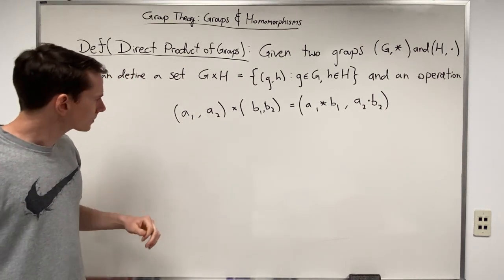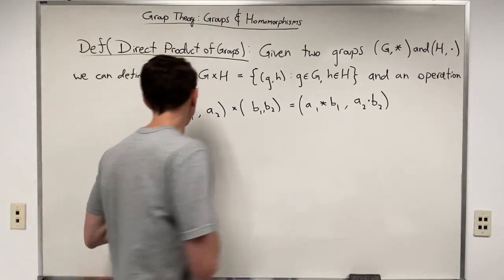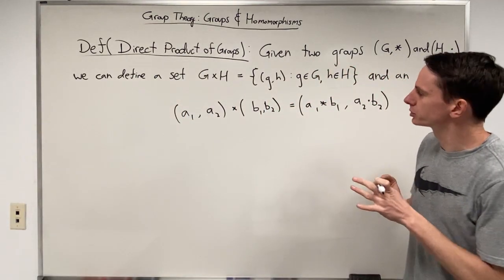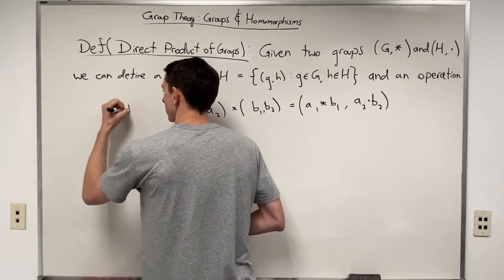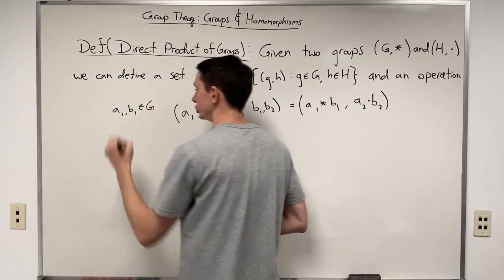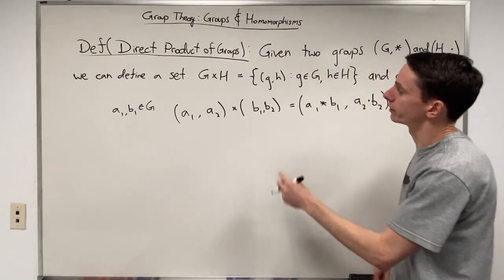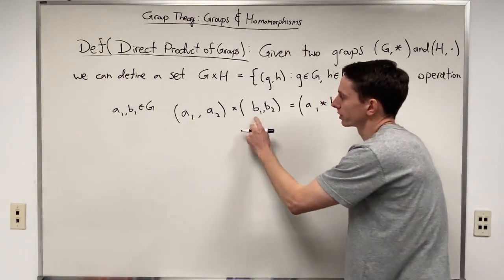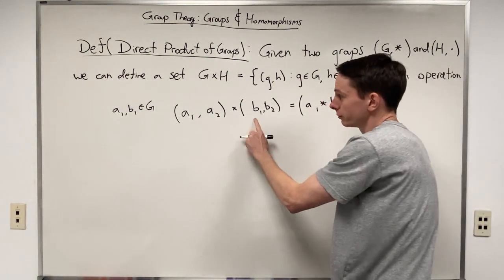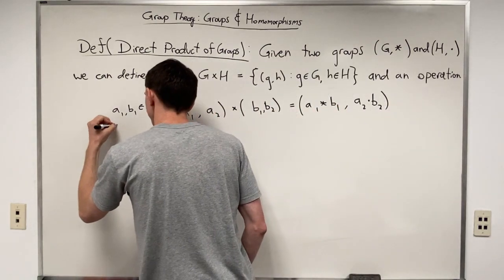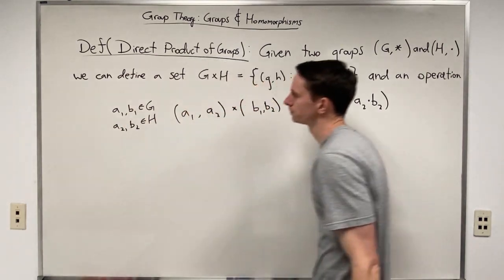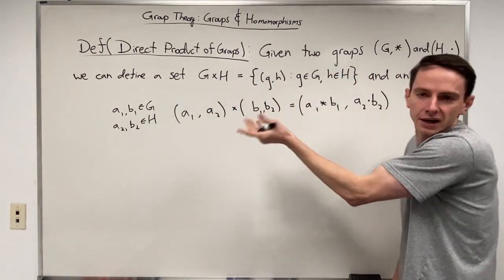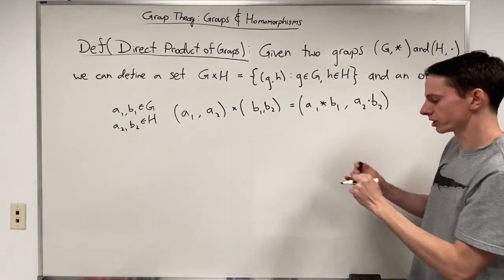And maybe what I should do really quickly, just to be absolutely clear, is that both A1 and B1 are elements of G, right? And they have to be. If they're an ordered pair where the first input comes from G, these have to be from G, and then the next two, A2 and B2, have to be elements of H. And I think by explicitly stating that, the operation is going to make sense.